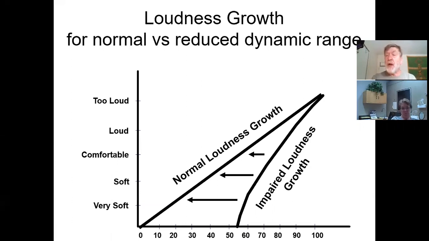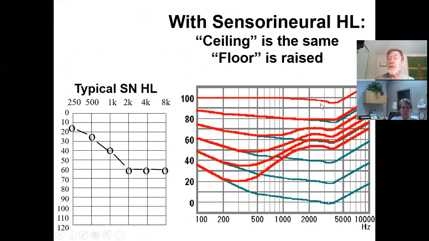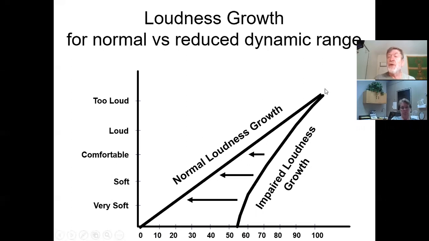That's impaired loudness growth. So let's follow where my cursor is. If I circle 50 or 60, now 60 sounds very soft. And yet 100 sounds too loud. This where I'm circling here is called recruitment.